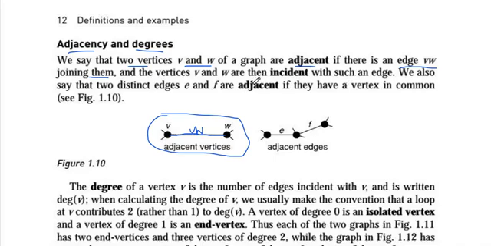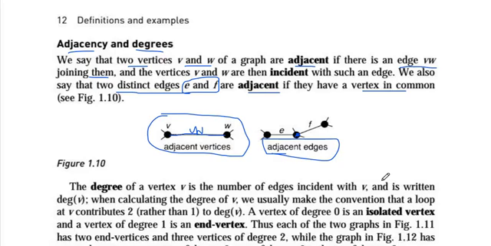And if we want to say adjacent edges, we also say that two distinct edges E and F are adjacent if they have a vertex in common. Like this. If they have a vertex in common, then E and F are called adjacent edges, near edges. These two vertices are near because they are connected with one edge, and adjacent edges are connected with a common vertex.